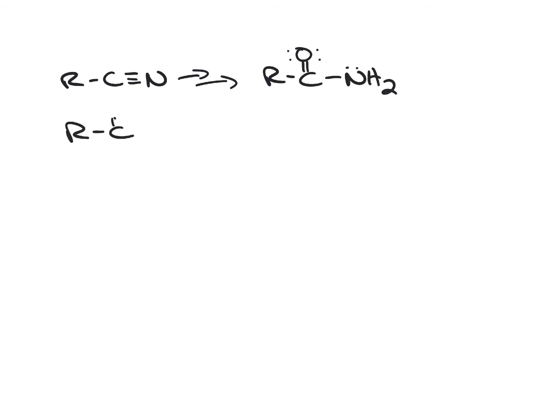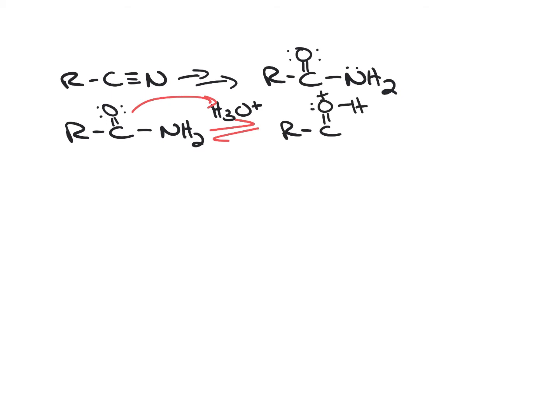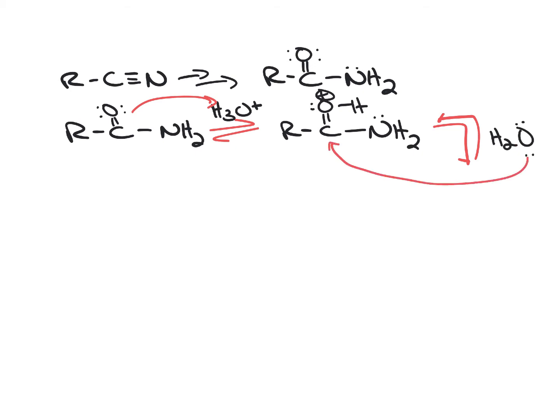So from here, we're still under acidic conditions, so the oxygen can grab a proton, and water can act as a nucleophile, pushing these electrons up onto the oxygen. Giving this intermediate.